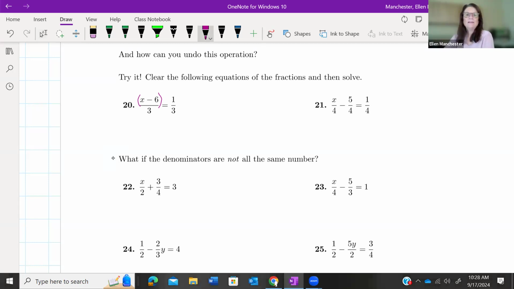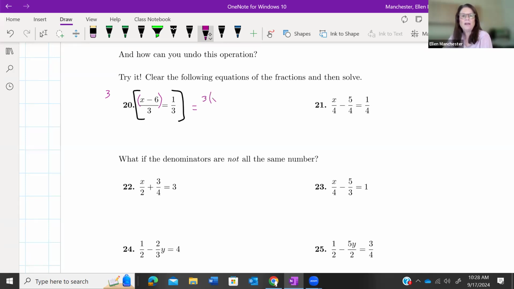Okay, so the idea is we're going to clear the equations of the fractions. So this is that eliminating the fraction. And what we're going to do is multiply the whole thing by a common denominator. So in this case, the denominator is 3, right? Makes sense. That's in common. So we're going to do both techniques. I'm going to multiply that 3 through the top.